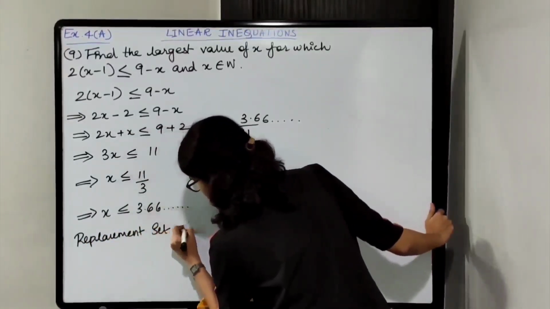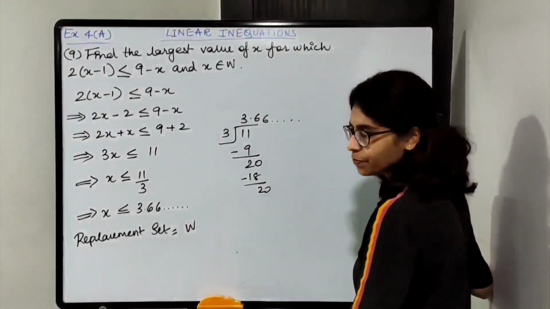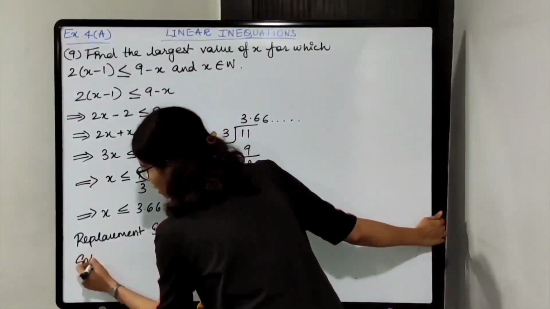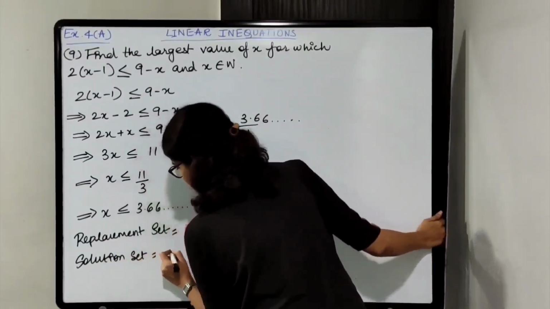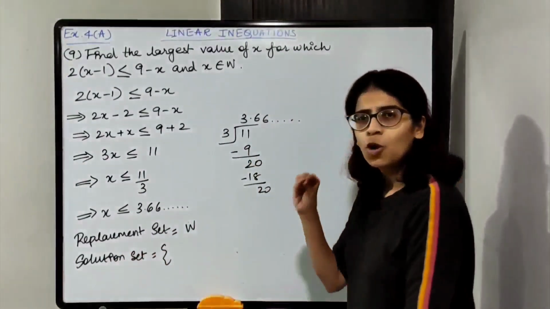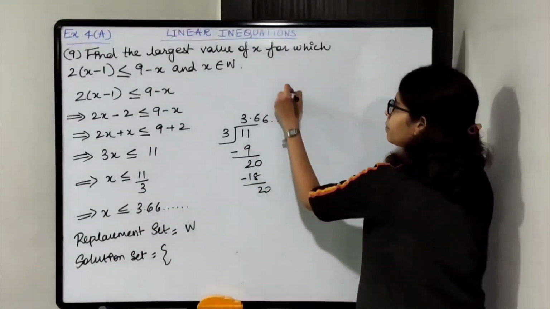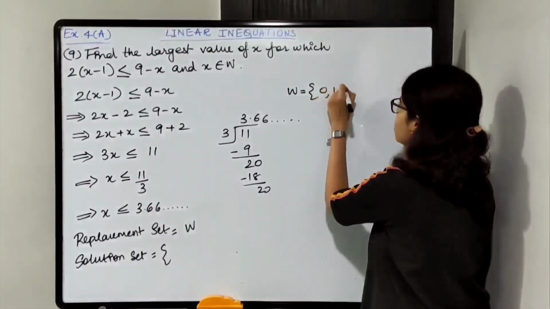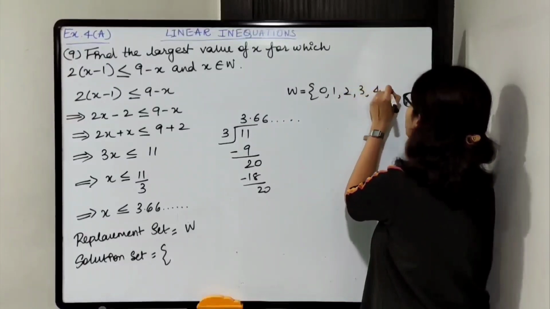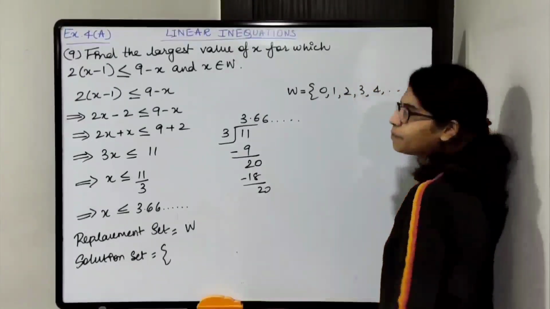It is whole numbers W. And solution set क्या होगा? Let us see what will be the solution set. Whole numbers का set एक बार लिखते हैं. What is it? Starts from 0. 0, 1, 2, 3, 4 and so on infinite.